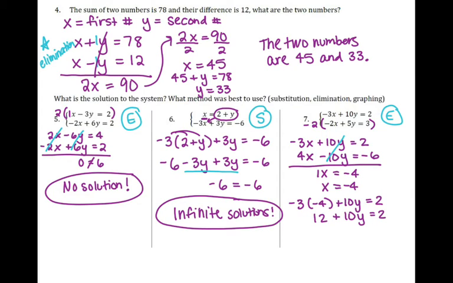From here, I can subtract 12 from both sides. That gives me negative y equals 10, so y equals negative 1. The final answer should always be written as an ordered pair, x and then y. So these two lines would intersect at the point (-4, -1) if you were to actually graph them.